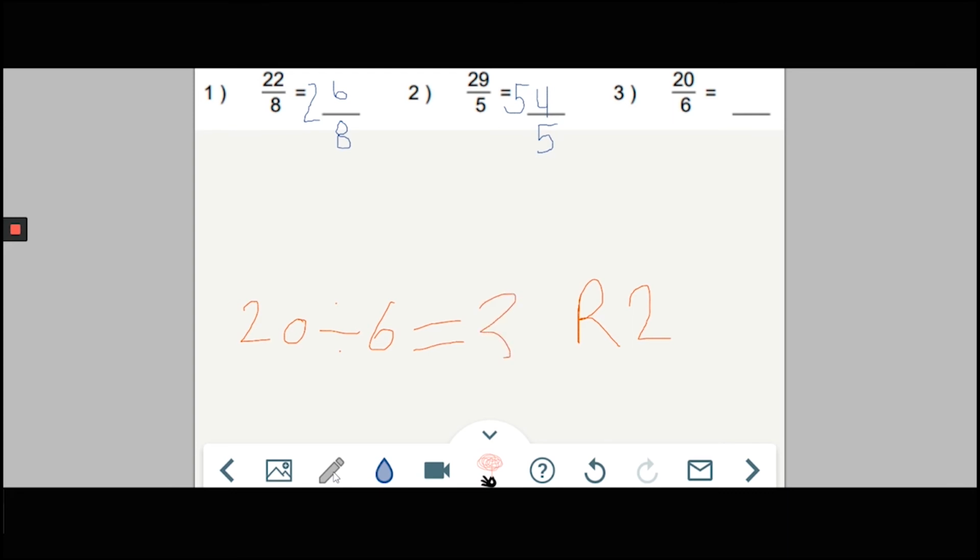There you go. 3 remainder 2. Perfect. Look at you. You've got it. I didn't even have to give you a clue. Nice job.